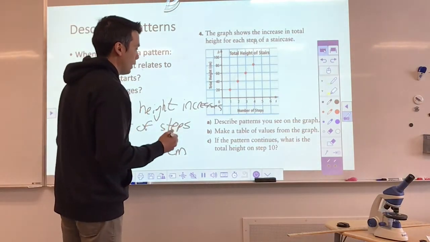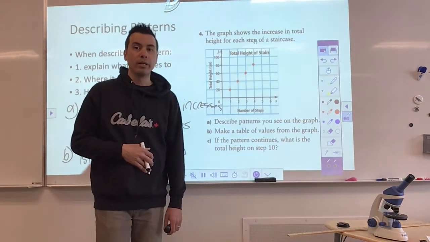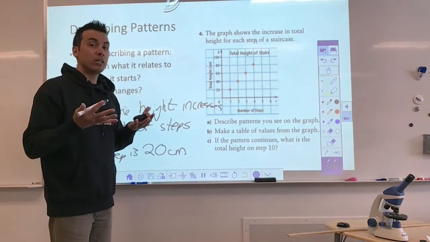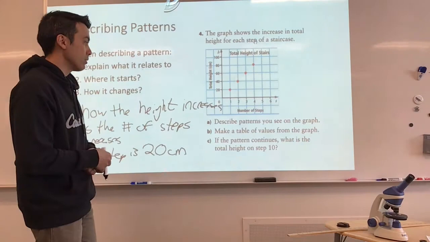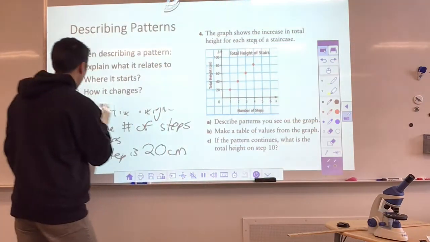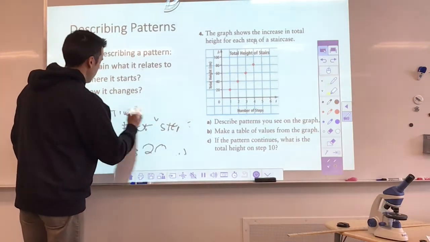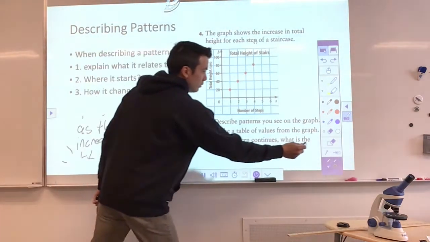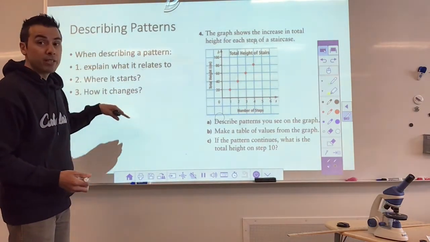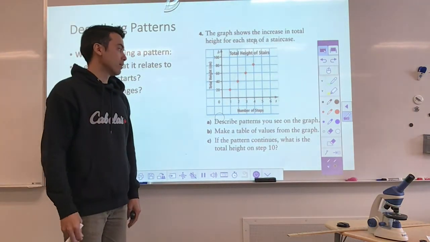And so maybe I'll just describe that in words to you right now. So again, for every step, the height is going to increase by 20 centimeters. So that is one task you guys are going to be expected to do at the end of this. Describe these 3 things as you look at a graph.